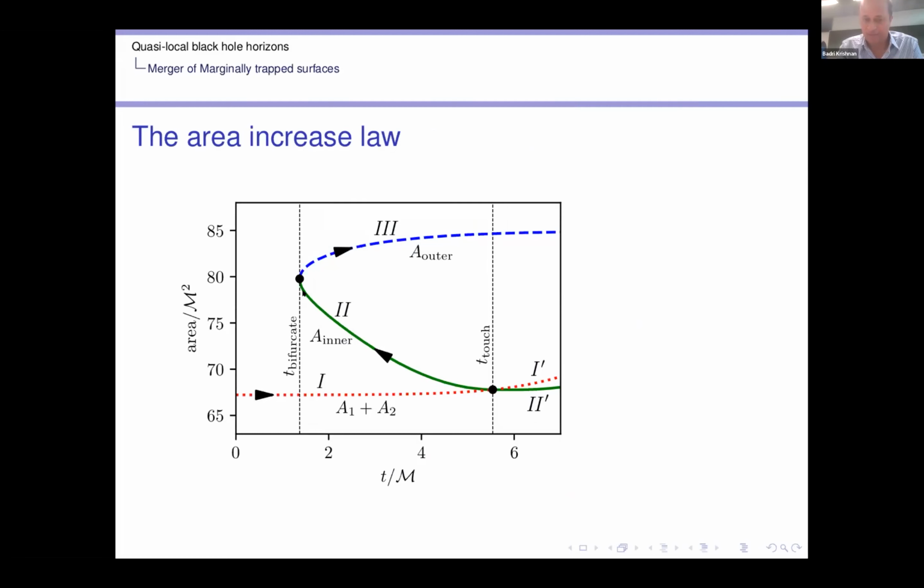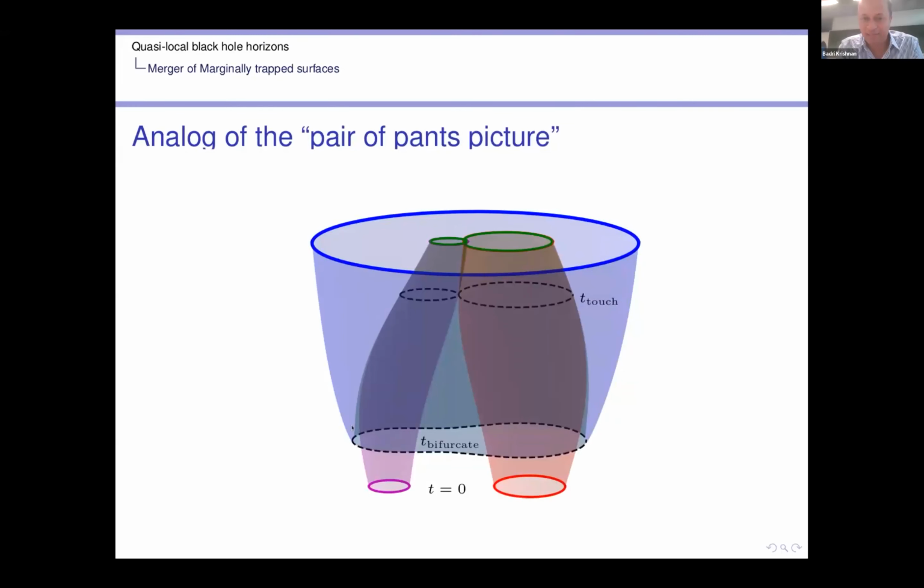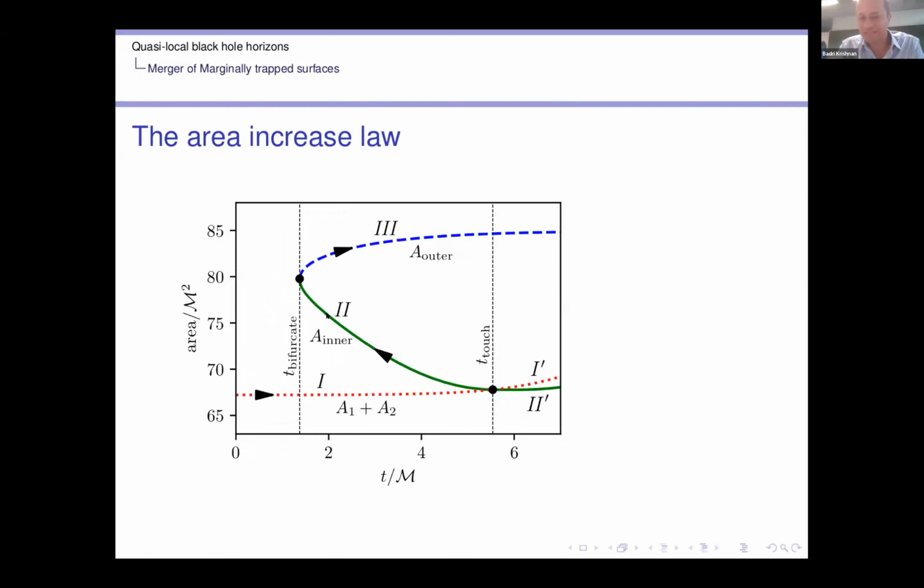Then the green one is the area of the inner horizon as it evolves and gets closer and closer to these two individual ones. So that is this green one. It decreases in time initially here. Okay. Is that clear? I hope there's no confusion on what these different curves are. If there is any, then please ask now.